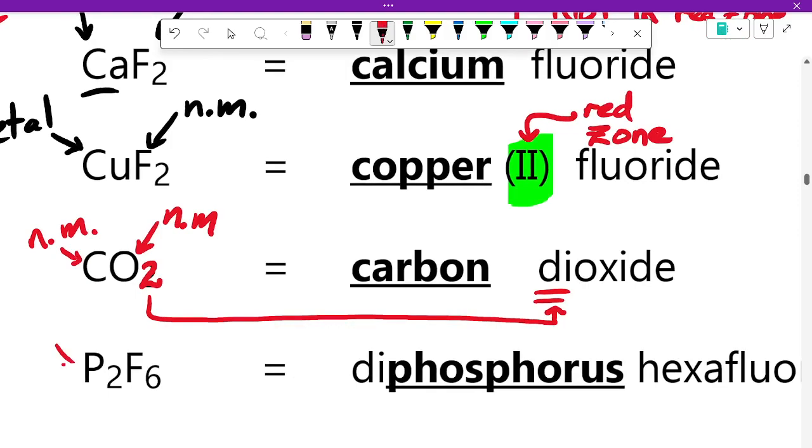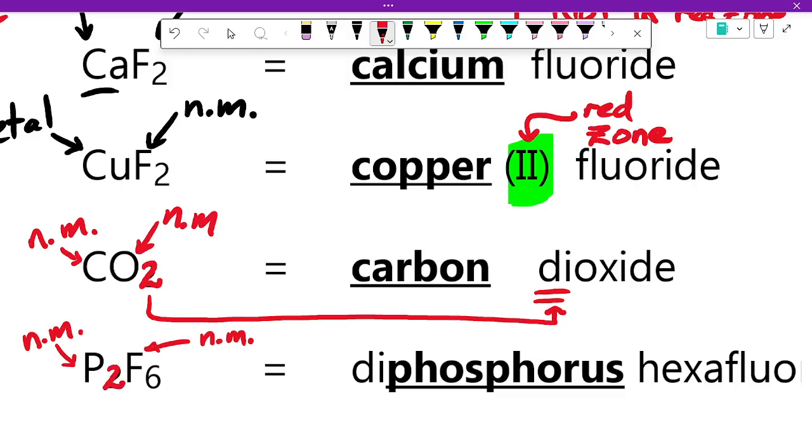Phosphorus, metal or non-metal? Phosphorus is a non-metal. Fluorine is a non-metal. And so we do use prefixes.